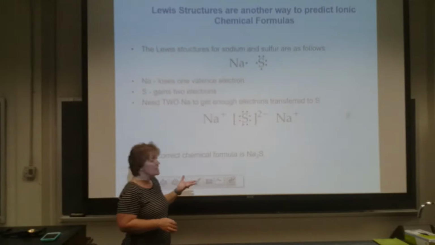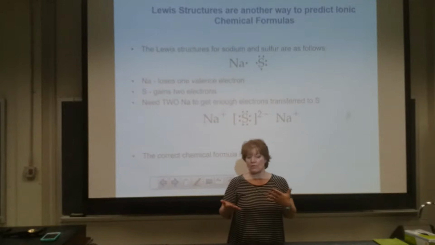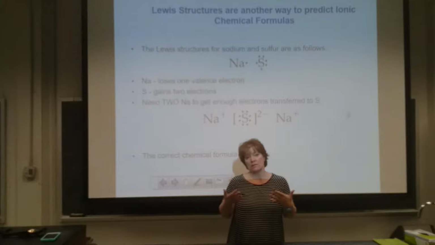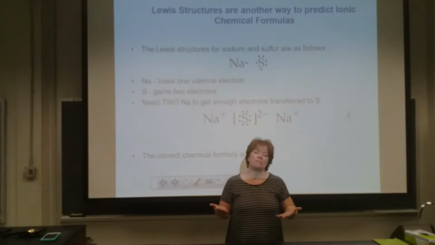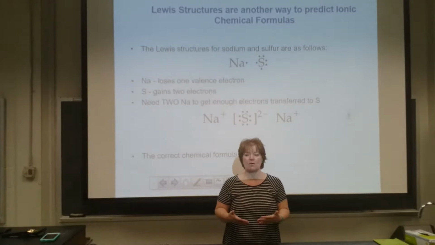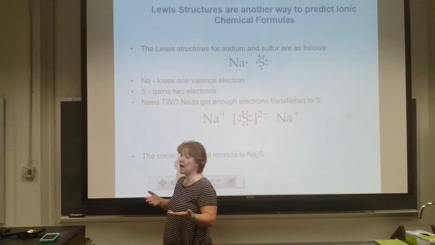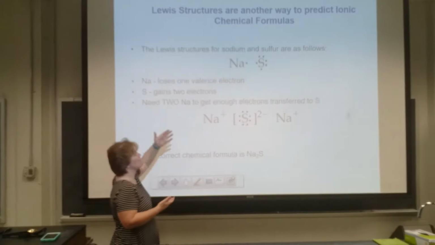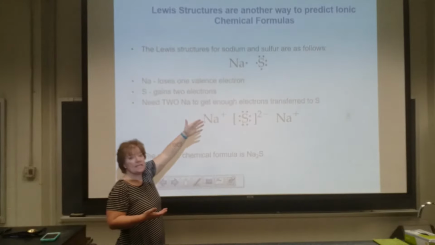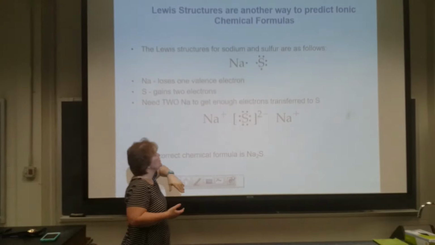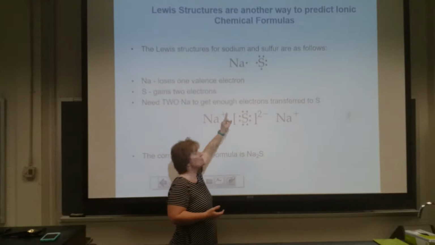And as we're saying, one way that we used previously in chapter 5 to figure out the chemical formula of an ionic compound was to determine what ion charge it can make and then use that ion charge to balance it out. Essentially, this is another way to visually do it. We're going to see how many electrons each metal has to give up and how many electrons each non-metal needs, and I can transfer. So if I have sodium and sulfur, sodium's group 1, it has 1 electron.